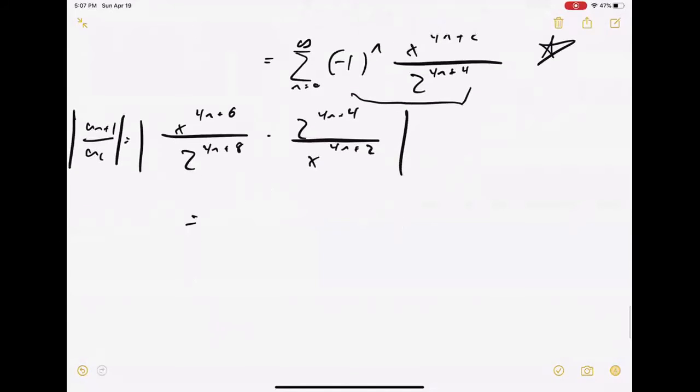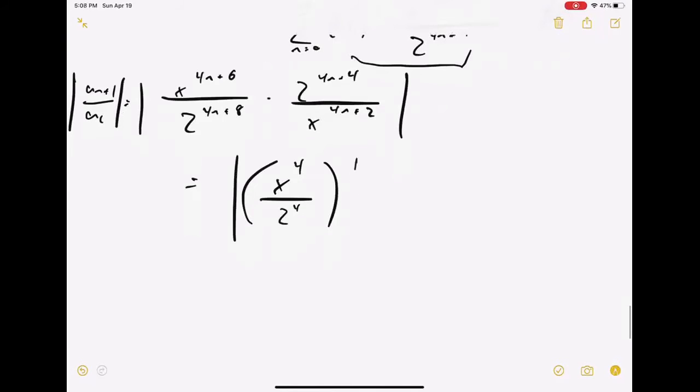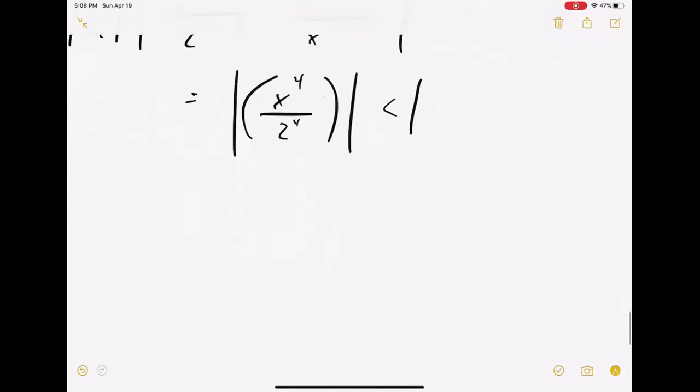Simplifying, we should end up with x to the 4th over 2 to the 4th. And we want the absolute value of that to be less than 1. In other words, we want x over 2 to the 4th less than 1.